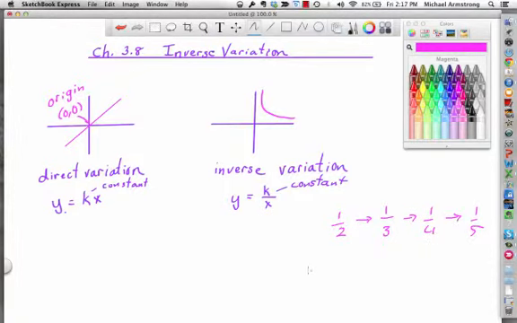Well, 1/2, if this is a whole, then a half is about like that, and a third is a little bit smaller than that, and a fourth would be cutting it in half, and then cutting each one of those in half, so that's going to be down here, 1/4. And 1/5 is even smaller than that.